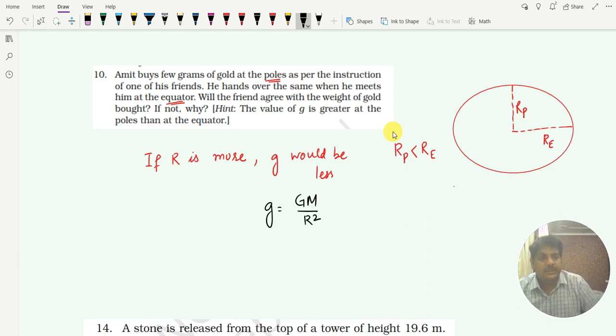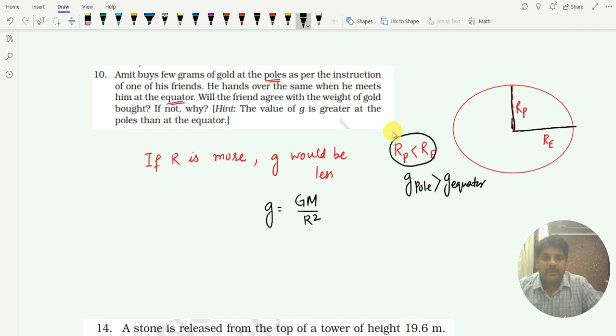Now you see radius at equator is greater and radius at pole is smaller. So the radius of the pole is smaller. Now because Rp is less than Re, g at pole is greater than g at equator. If this is the condition, the weight of the body at the poles, we have already discussed this, is just a revision.